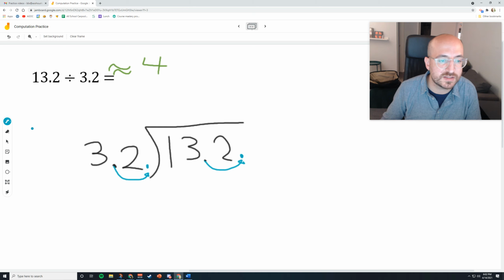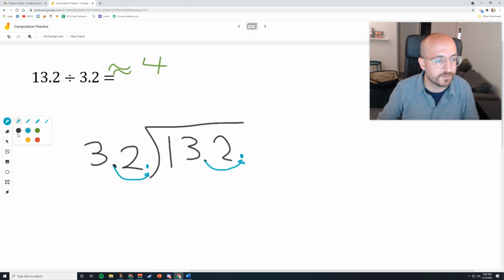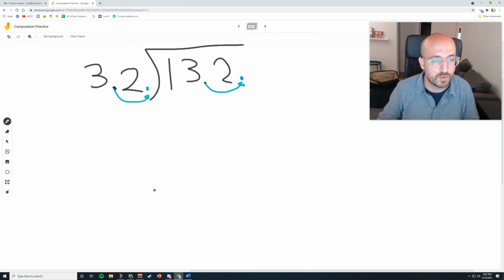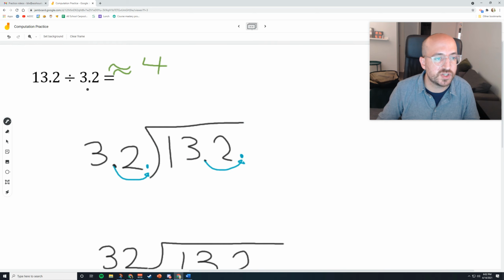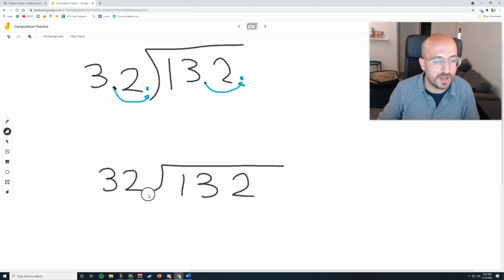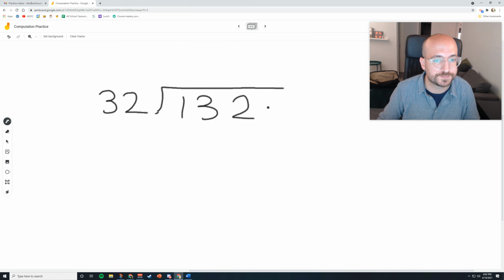Let me just redo it underneath. Instead of 13.2 divided by 3.2, I am going to have 132 divided by 32. And it will get me the same answer.